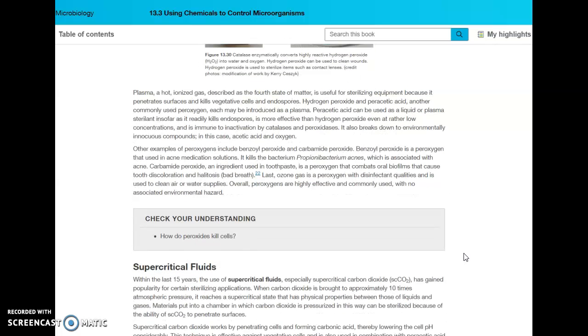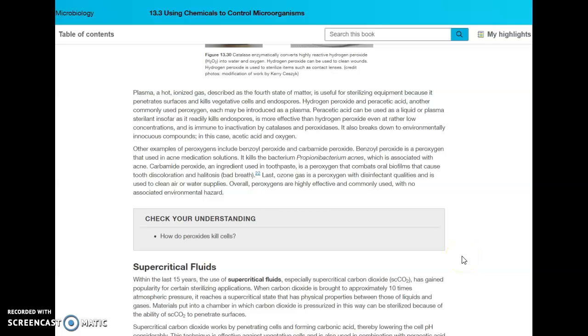Benzoyl peroxide is another peroxygen that can be used in acne medication. We see it in a lot of the over-the-counter acne medications because it kills Propionibacterium acnes, which is a member of the skin flora that can lead to acne.